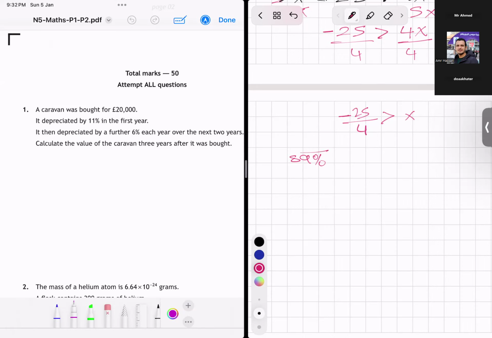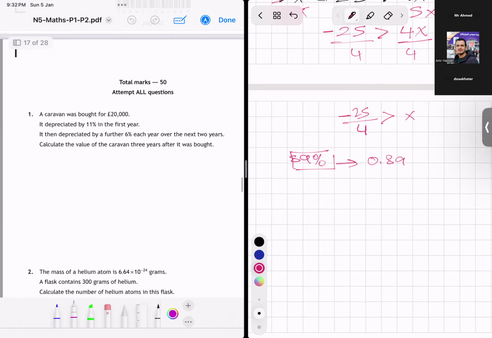So the first one, I subtracted 100 minus 11, so it gives us 89%. Or if you want to write it as a decimal, it's going to be 0.89, right? The other one, it then depreciated by a further 6%. I have to do the same thing, which is going to be 94%, right?